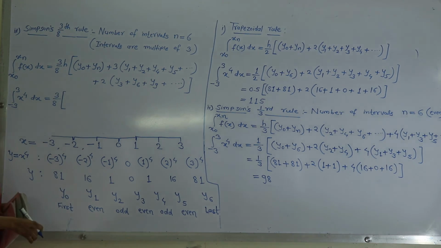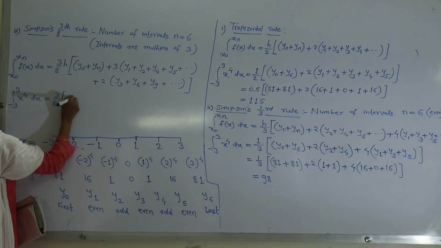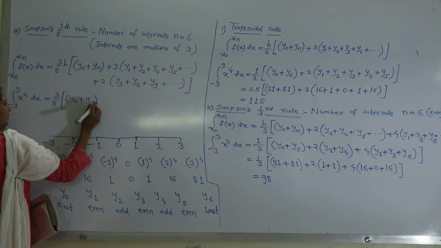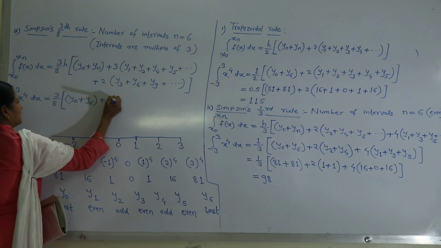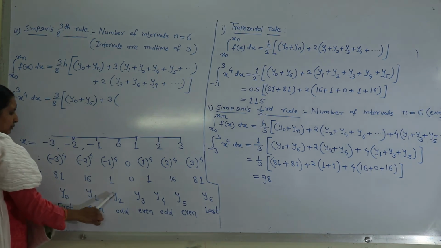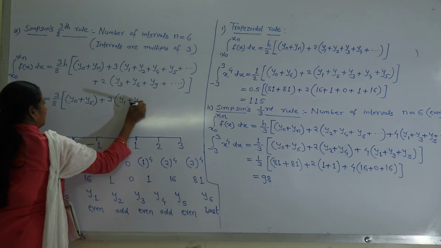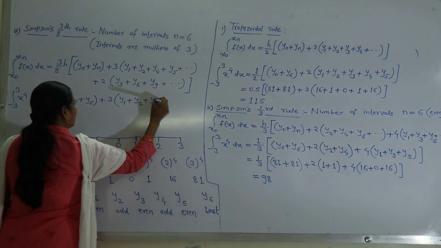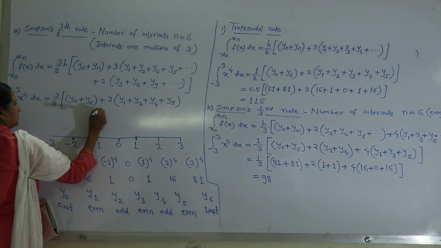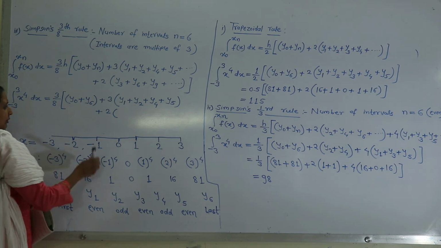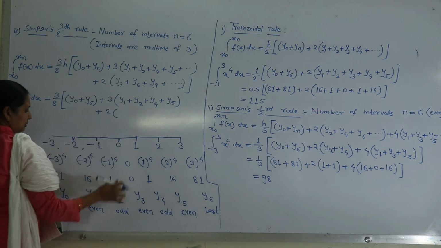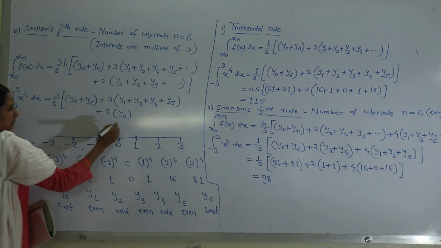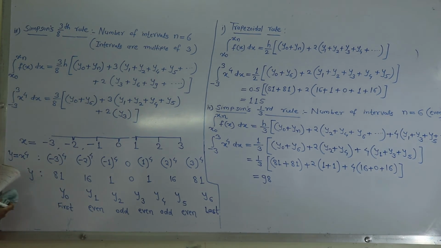Sum of the first plus last ordinate, that means the first ordinate is y0, the last ordinate is y6. y0 plus y6 plus 3 times y1, y2, y4 and y5, and plus 2 times y3, y6, y9, but in this only y3, because y6 is already in the first term, so the ordinate should not be repeated.